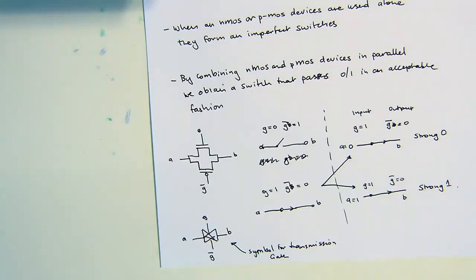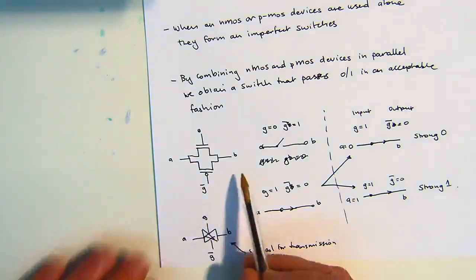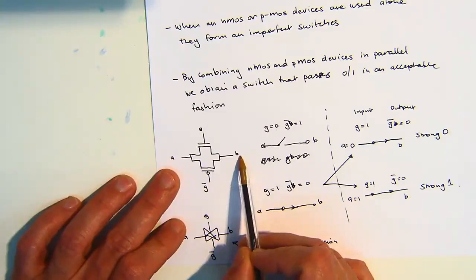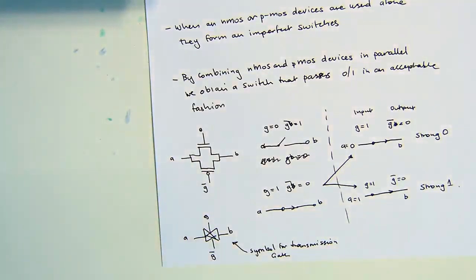This isn't the best way of doing it, but it's some kind of switch. This allows you a mechanism by which you can control what the voltage is at point B. And a little bit later I'll also talk about multiplexers and tri-state buffers and the like.